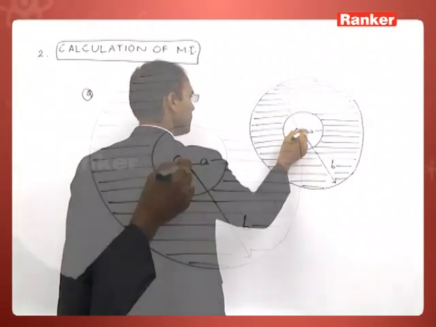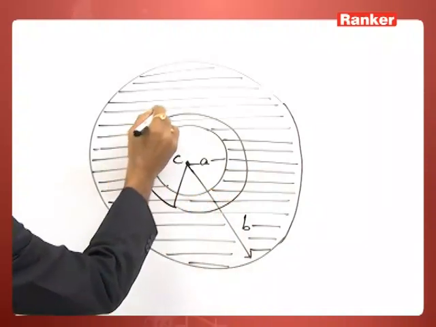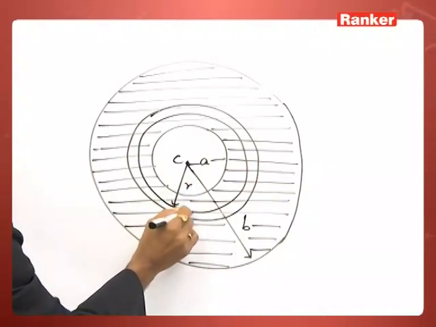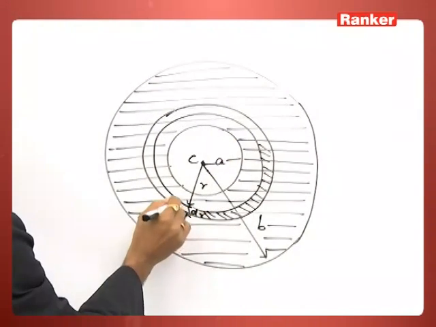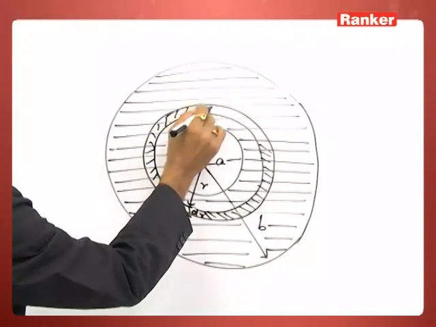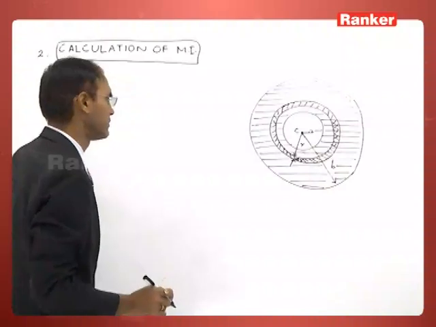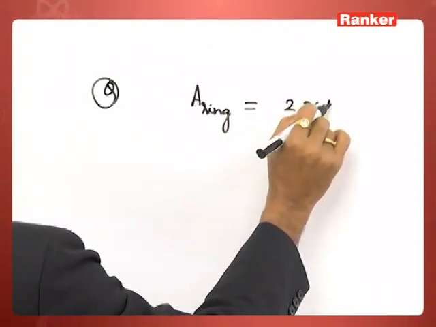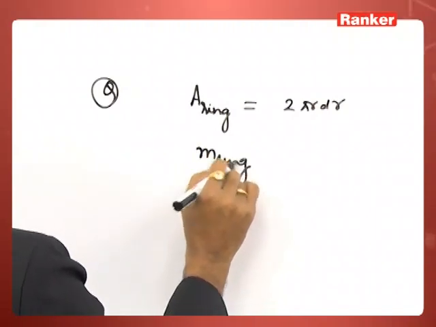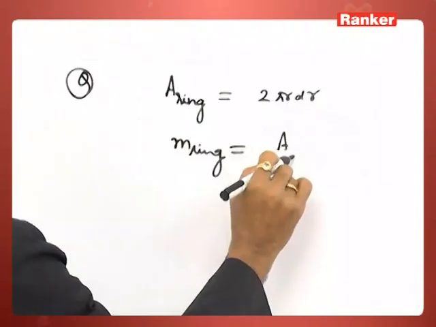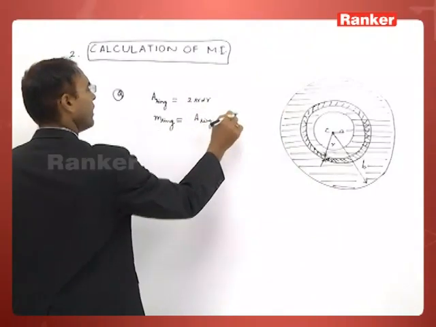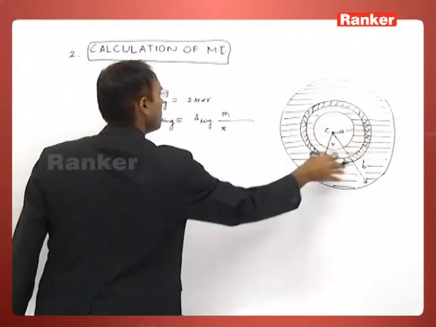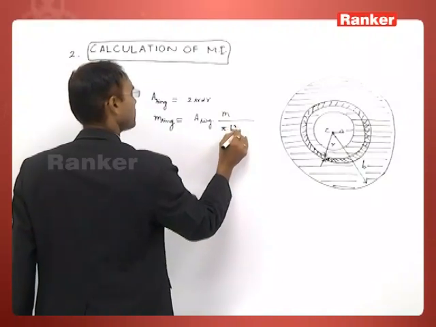For this, let us take a very thin ring of radius r and thickness dr. The area of the ring is equal to 2 pi r dr. And the mass of the ring can be written as the area of the ring into the surface mass density, that is the total mass of the disk by the total area of the disk, that is pi times B square minus A square.